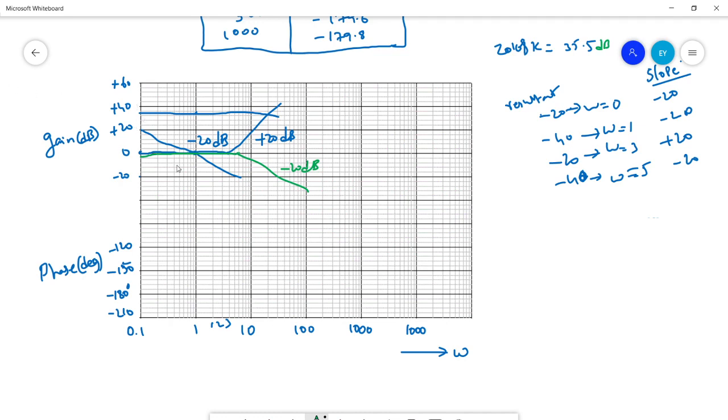So for this we need to add all these poles and zeros. At omega equal to 0, what we have is minus 20 dB. At omega equal to 1, we again have minus 20 dB.